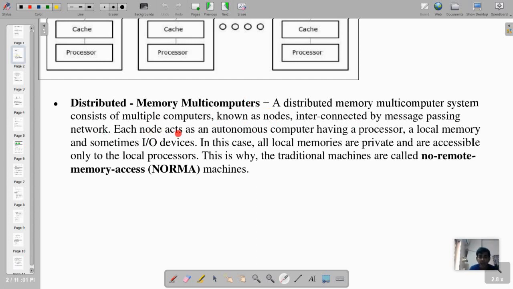Each node acts as an autonomous computer having a processor, a local memory, and sometimes input-output devices. In this case, all the local memories are private and are accessible only to the local processor.